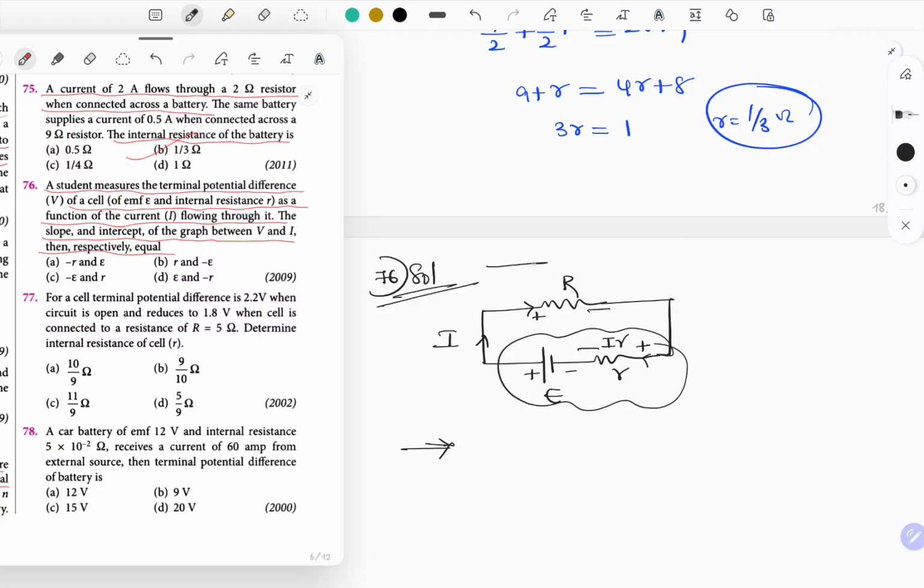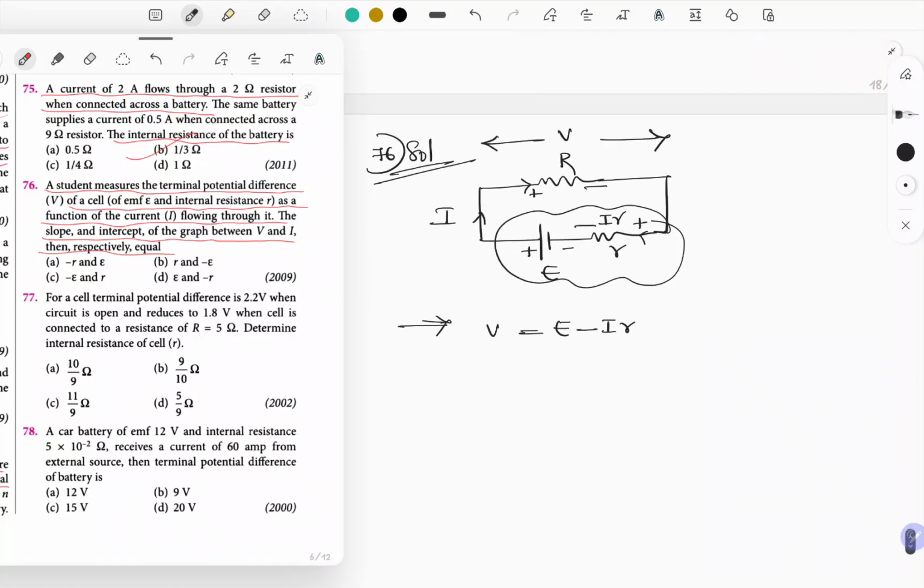Then the terminal voltage across resistor capital R is nothing but the voltage across the cell, let's name this V. That's what they have given, no? A student measures terminal potential V. So I just represented it as VT. So VT is E minus IR as a source.